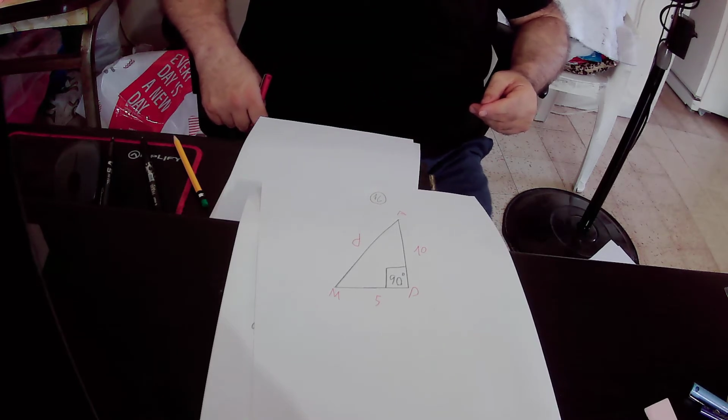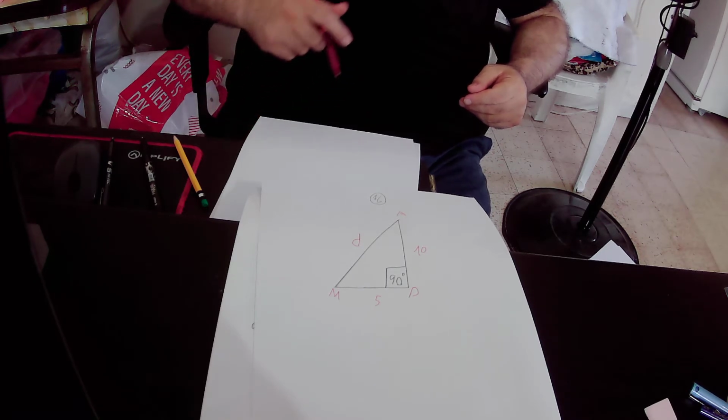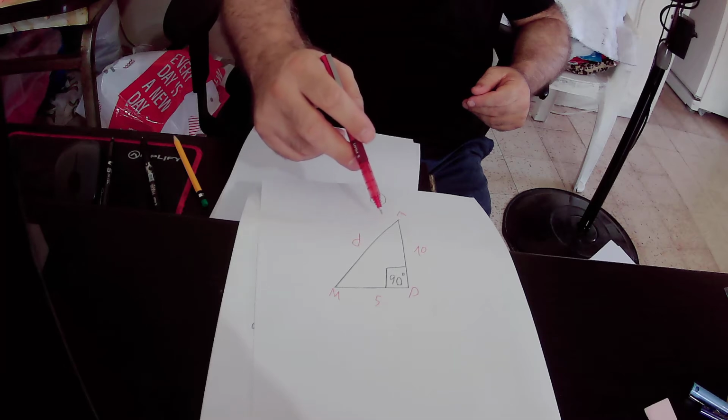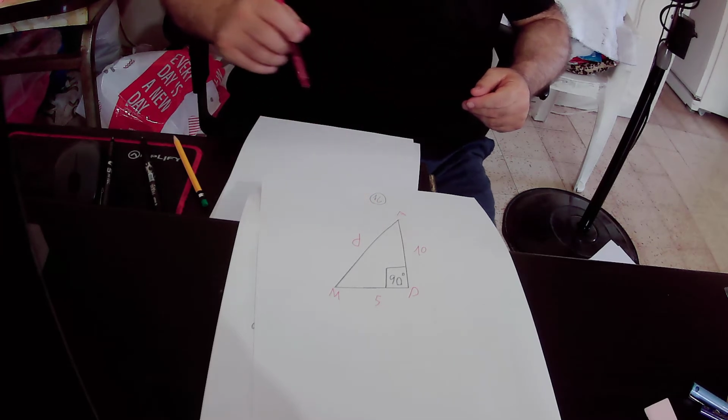So we have a right triangle. We know the value of two sides in this right triangle. The only missing variable is the hypotenuse.